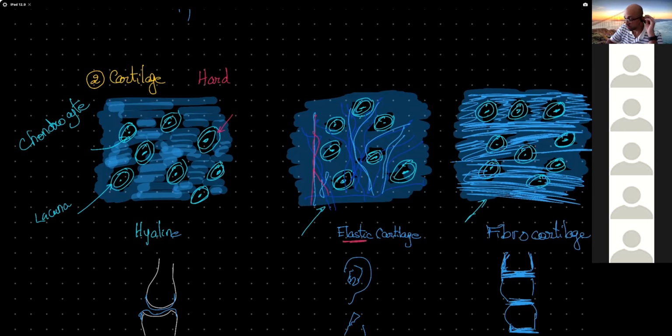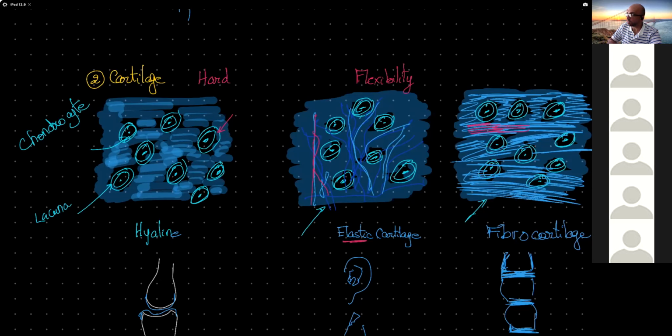It allows me to support the shape, to form the shape of the structure, but also it provides me with great flexibility. So I'm forming the shape, but allowing flexibility. Here for the fibrocartilage, I have extra collagen fibers in between the chondrocytes.